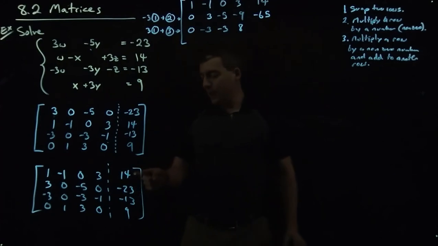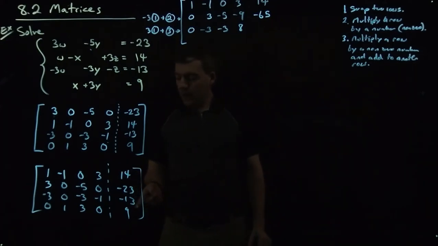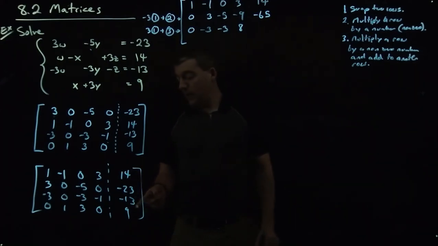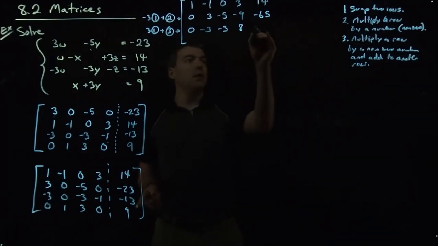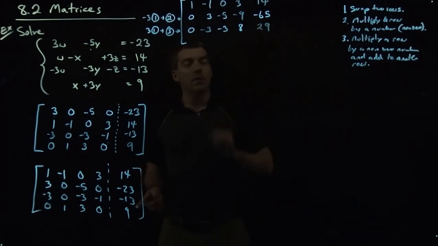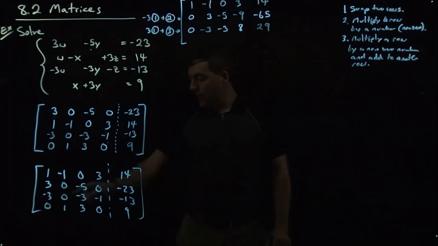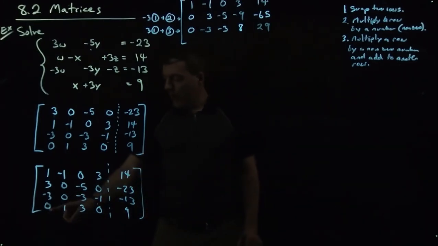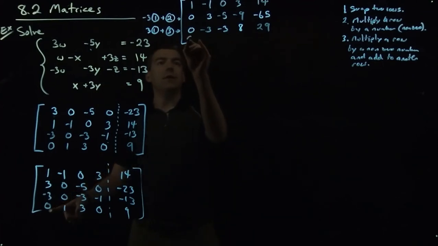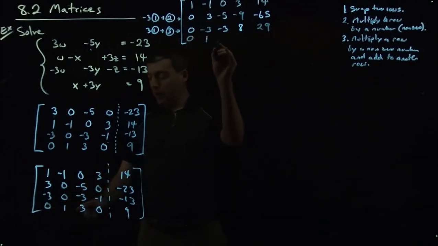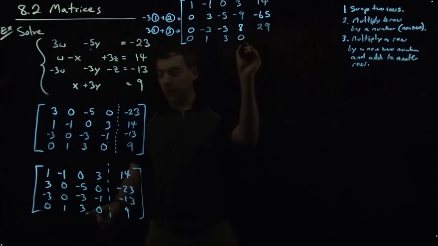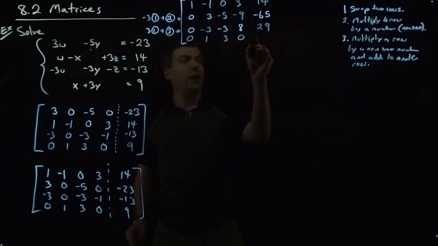And 3 times 14 is 42, minus 13 is 29. Okay, and this last row has 0, so it's good. 0, 1, 3, 0, 9.